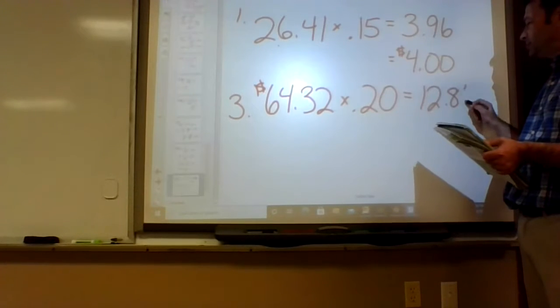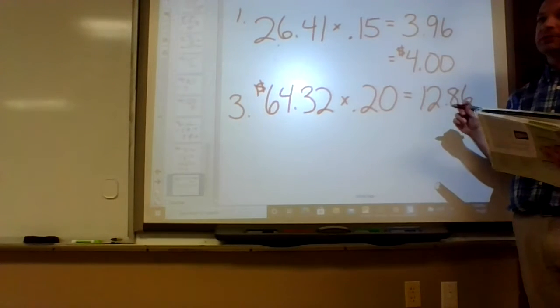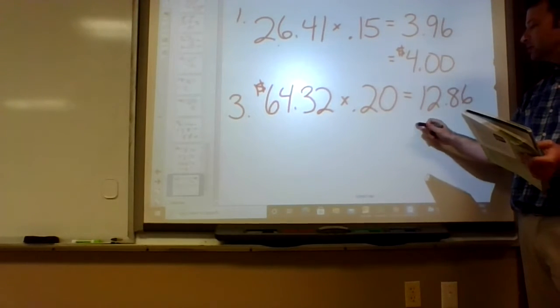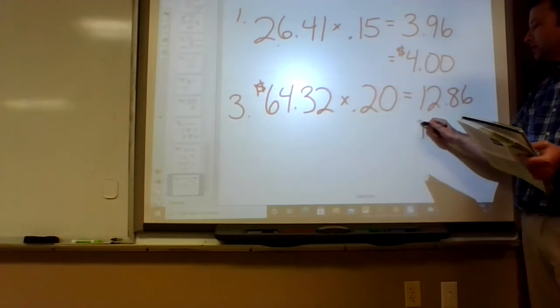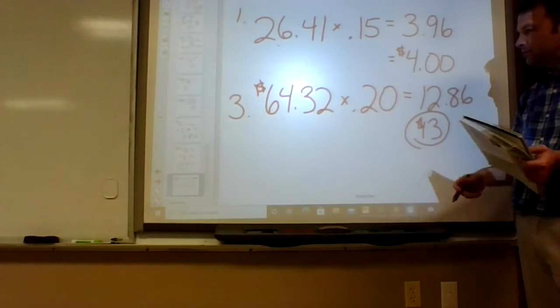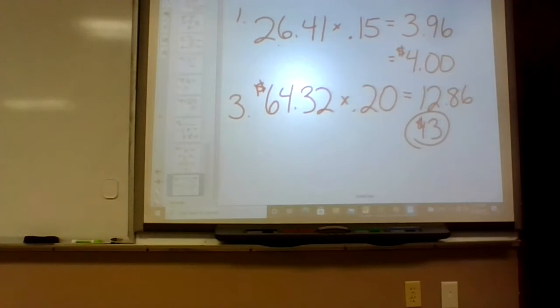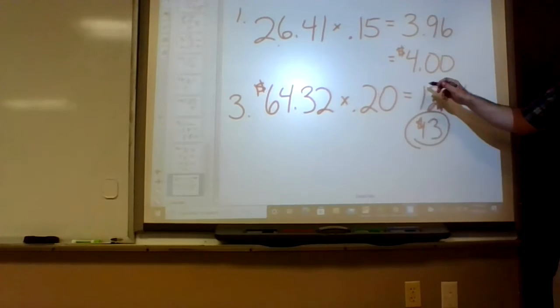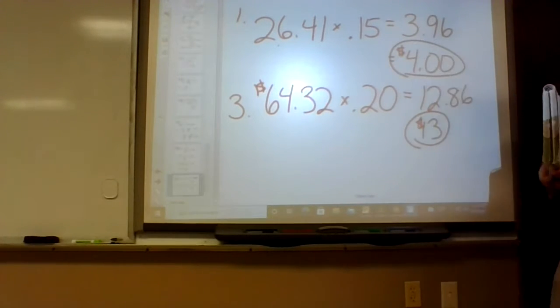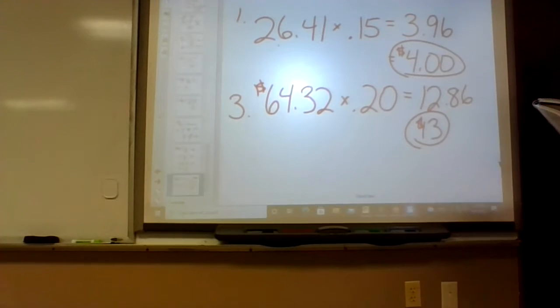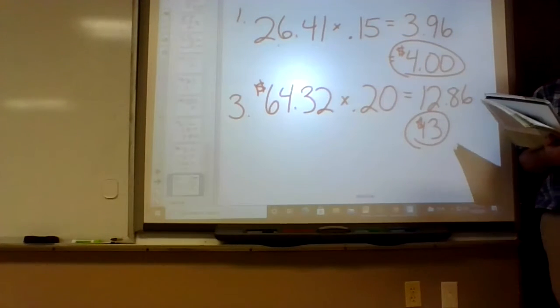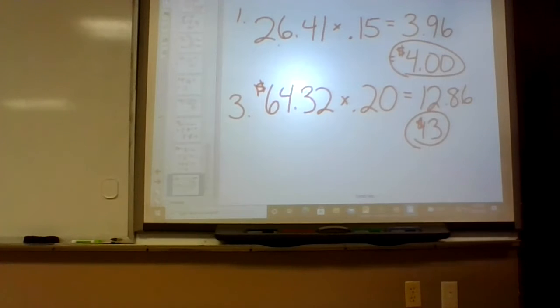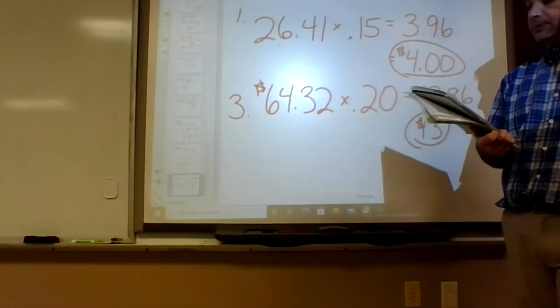Okay, on this one we're supposed to round up to the next dollar. So $13. Number 2 says round up to the next nickel, 4 says round up to the next quarter, so make sure you're rounding up no matter what.